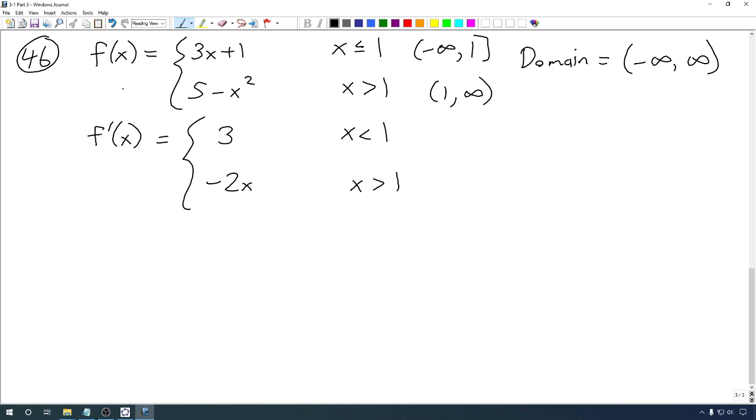So first, let's check if f is continuous. To do that, first of all, we notice that f of 1, we just follow this first formula, we're going to get 4.